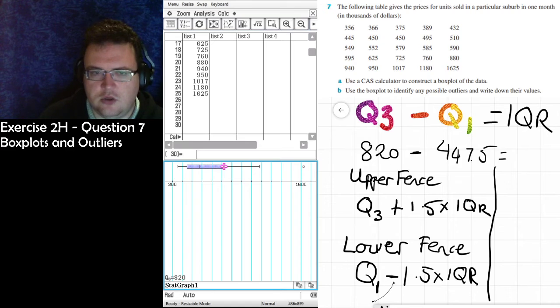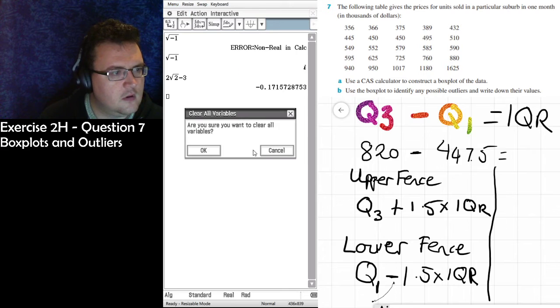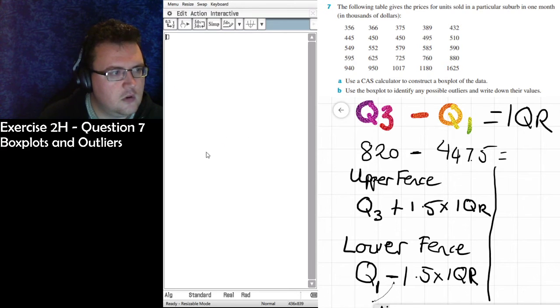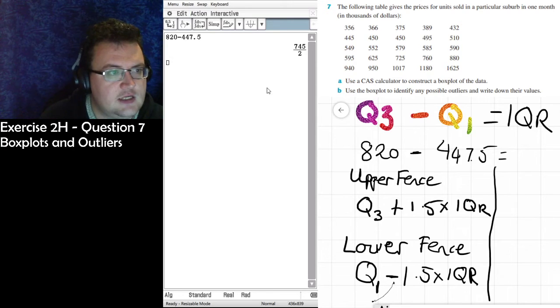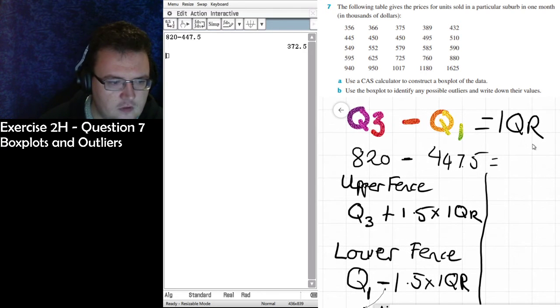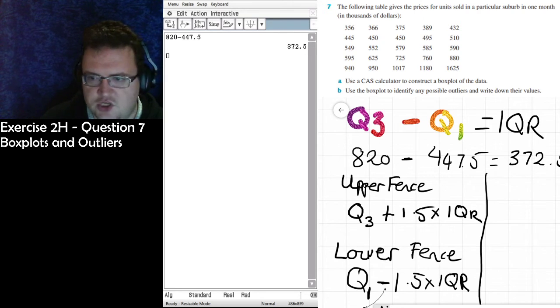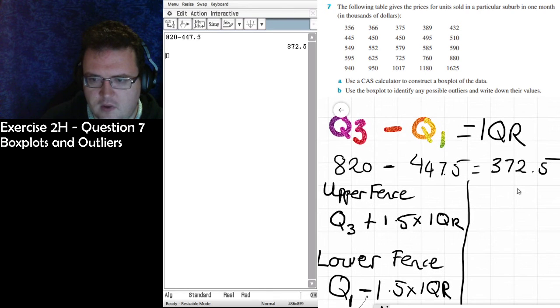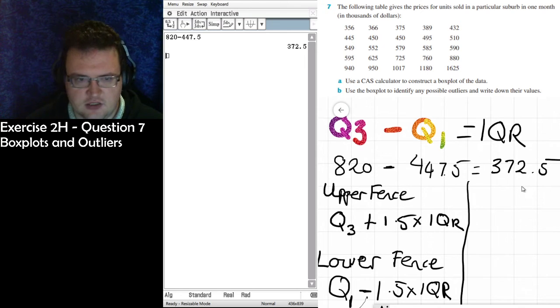Now, if you use your CAS, you'll find that 820 minus 447.5 is equal to 372.5. So we remember that we have that value there, 372.5. And now we can calculate our upper fence and our lower fence.